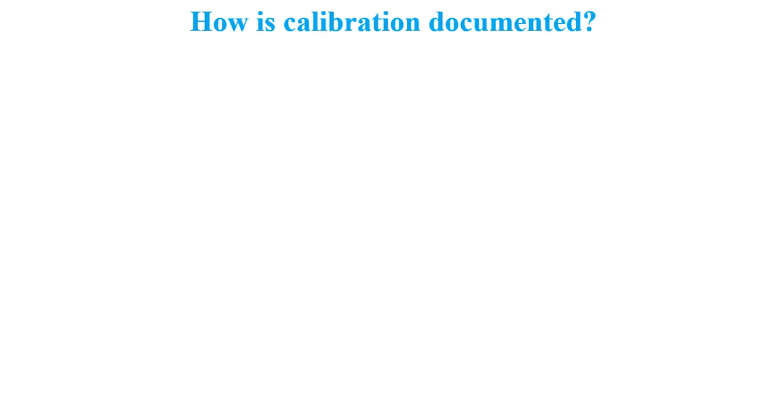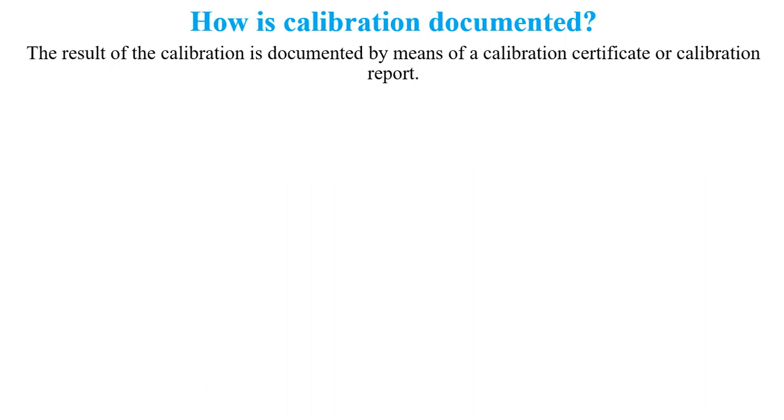How is calibration documented? The result of calibration is documented by means of a calibration certificate or calibration report. So let's assume that you are doing research or a project. You do your sensor calibration, and then the results of your calibration need to be recorded in a certificate or a report.